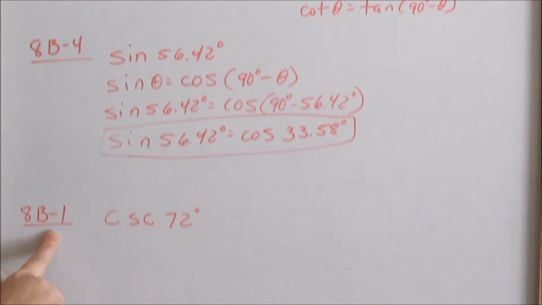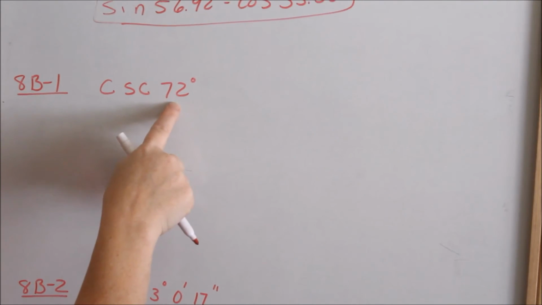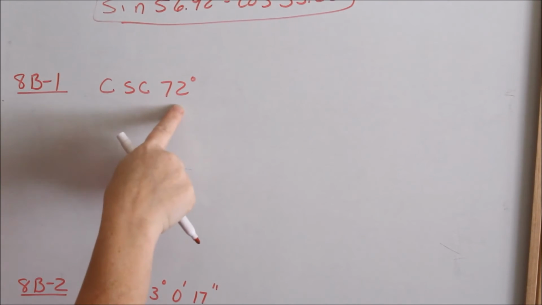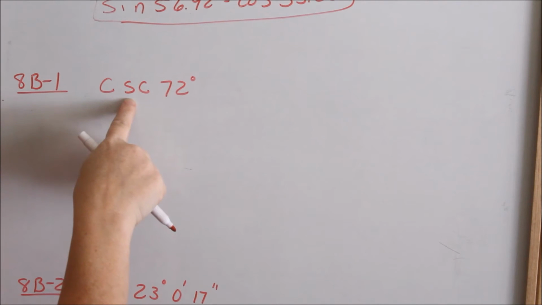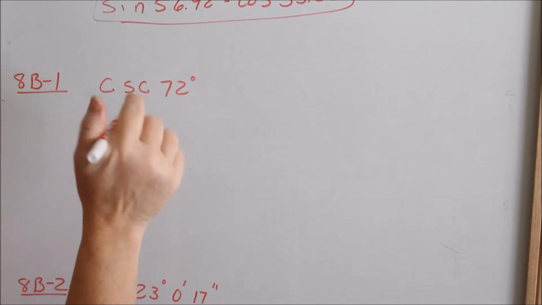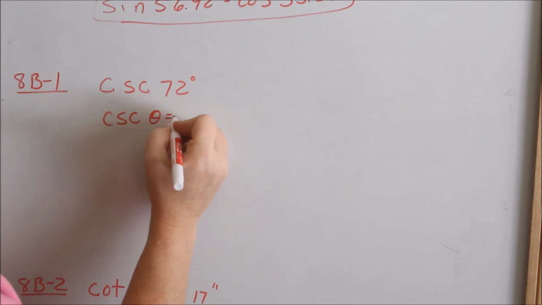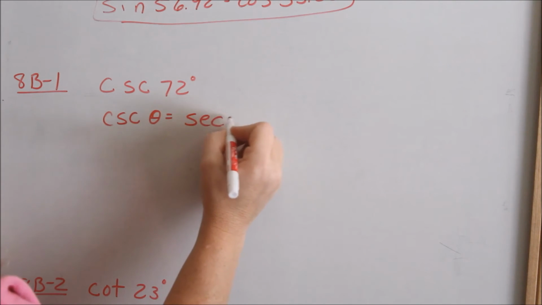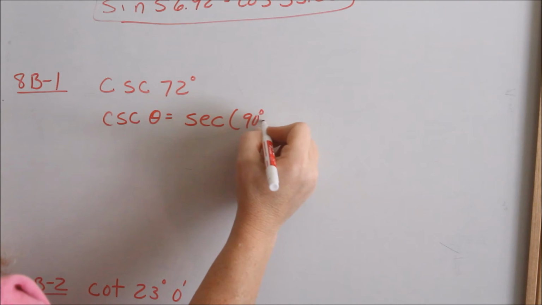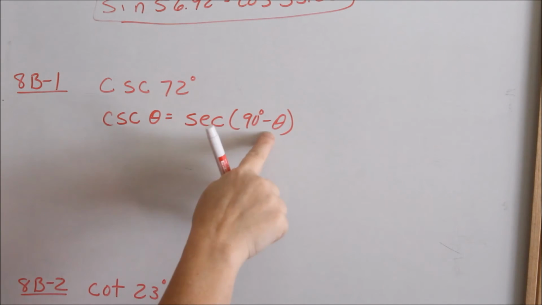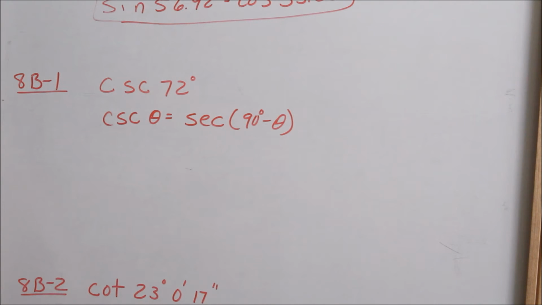Okay, now looking at 8b1, cosecant of 72 degrees. The cofunction of cosecant would be secant. So cosecant of theta will be the same as secant of the other angle. That's how I like to say it in words when I write that, the other angle.